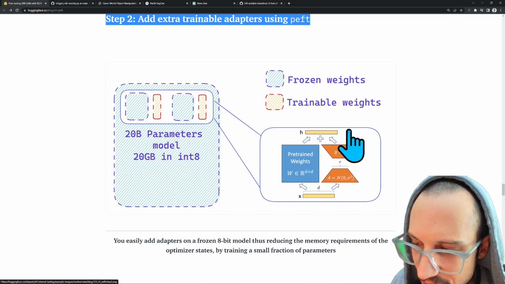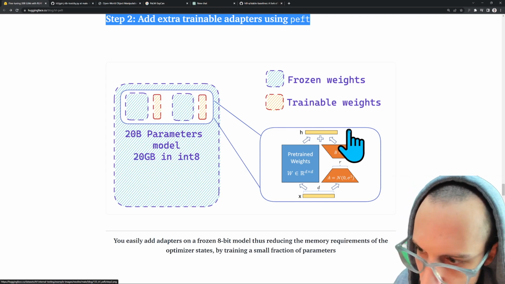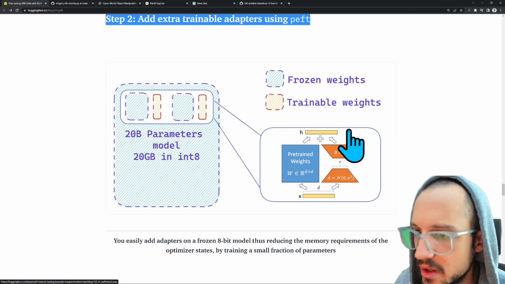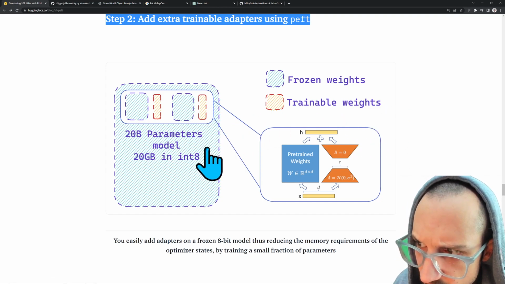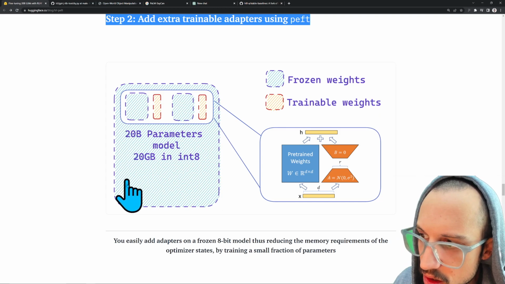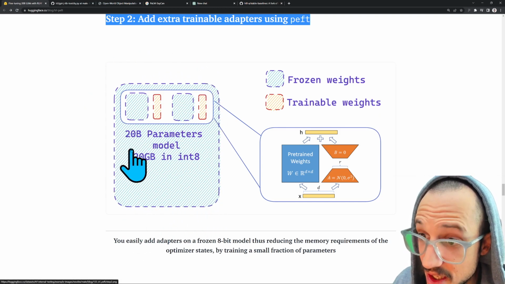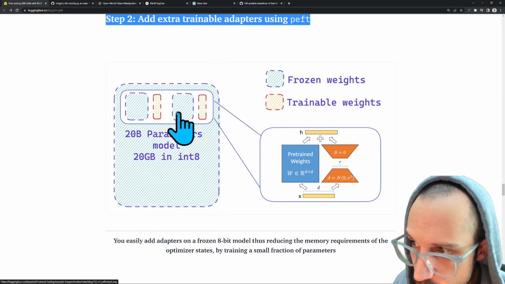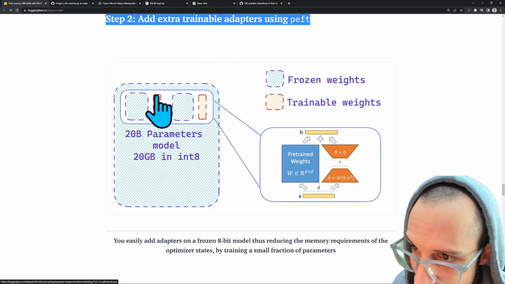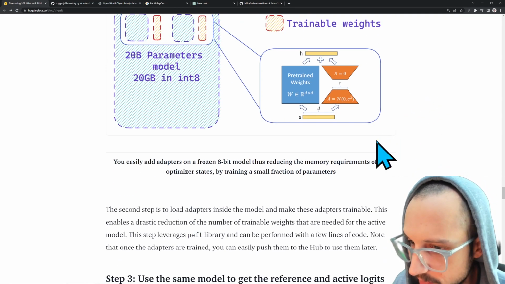And it also means that whenever someone else wants to use your fine-tuned model on some other computer, they don't necessarily need to load the entire model, right? They don't need to download these 20 billion parameters again because you didn't actually change those 20 billion parameters. All you did was change specifically these ones here, these orange ones, the trainable weights, right?